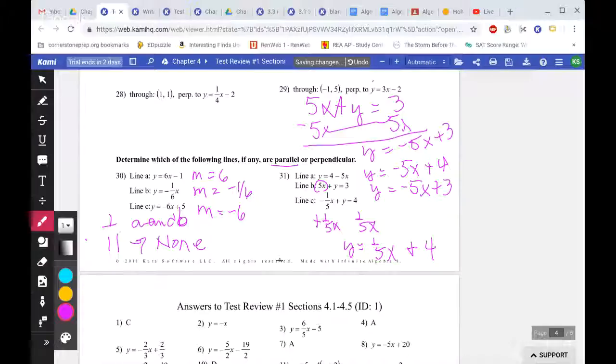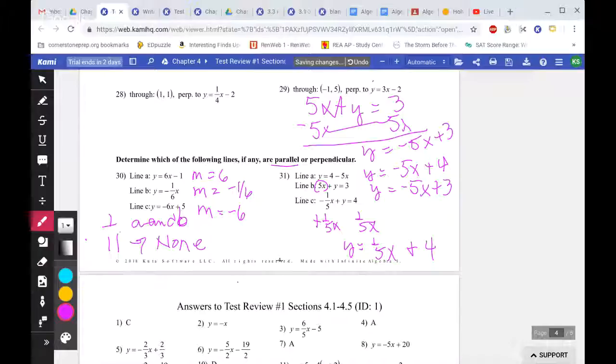All right, so the slope for line A is what? -5. Good job. The slope for line B is what? -5. Good job. And the slope for line C is what? 1/5. Positive 1/5. Good job.